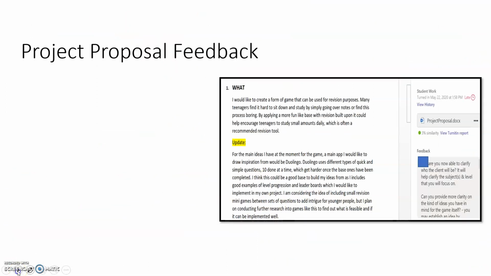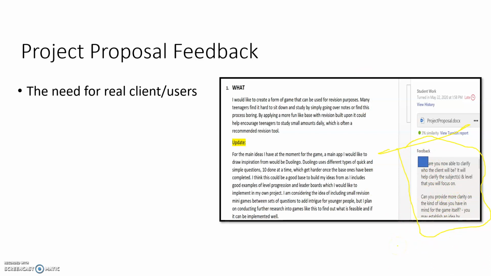Other things just to focus on this week, so I've had a look at your project proposals and I've given you some feedback on those proposals, and if I can just highlight where that feedback is, so just trying to find my cursor again. So over here you'll see that for the assignment you should have some statements, and that's my feedback relating to your project proposal.